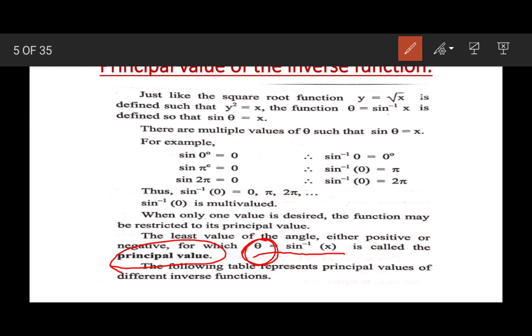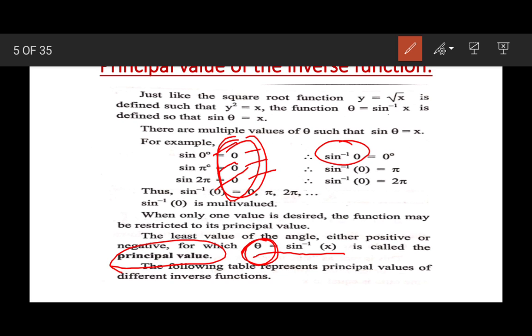Okay, principal value means, see, sine 0 degree is 0, sine pi is 0, sine 2 pi is also 0. So there are many angles for 0. If it is given simply sine inverse 0, then I can say it may be 0 degree, it may be 180 degree, it may be 360 degree, right?